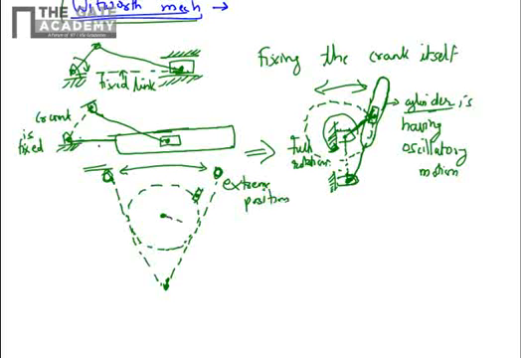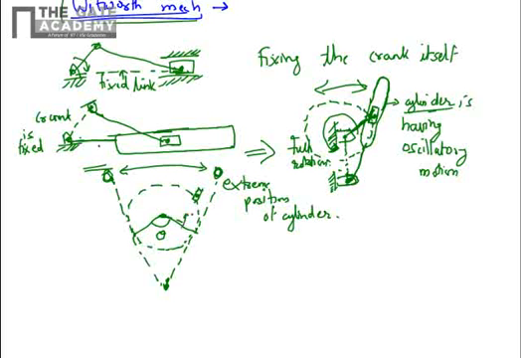So if you consider travel of the cylinder, you have an angular movement of say theta while returning. So this is a forward stroke.